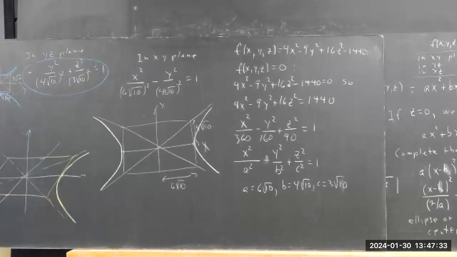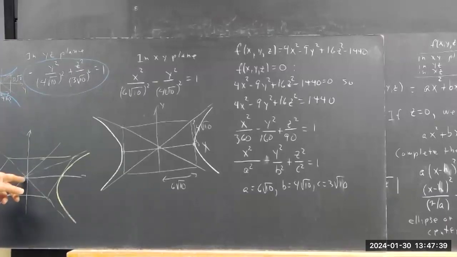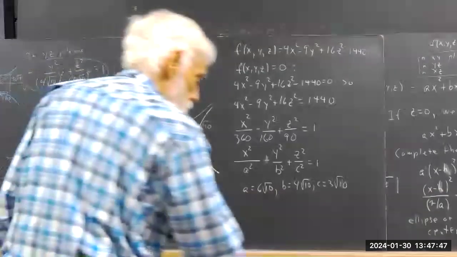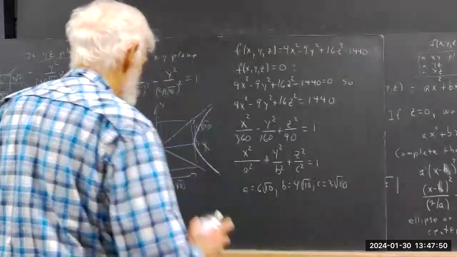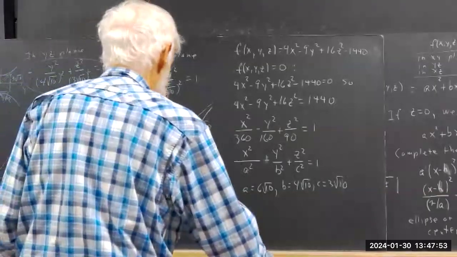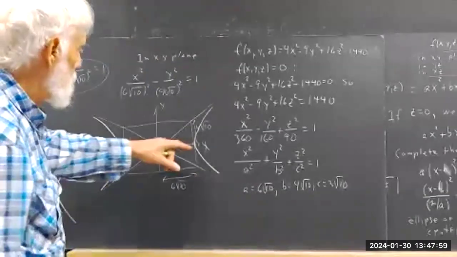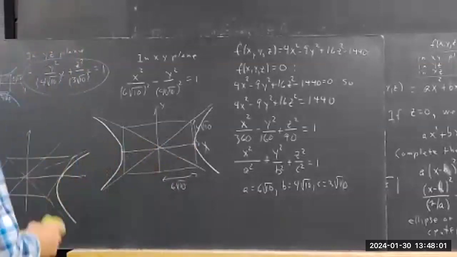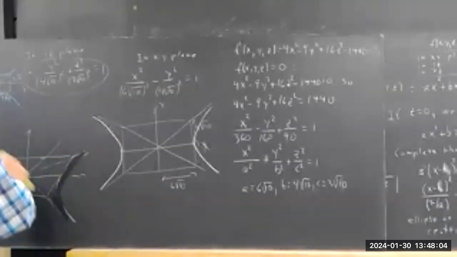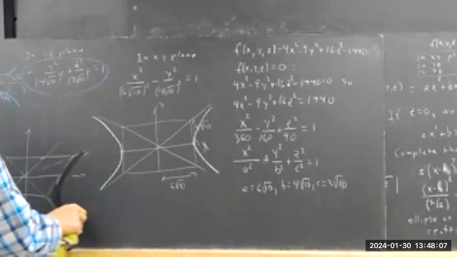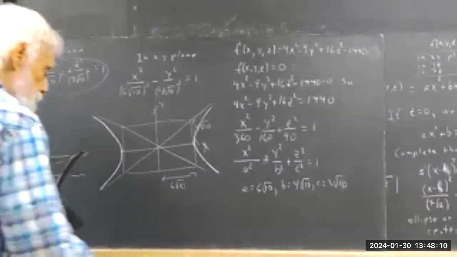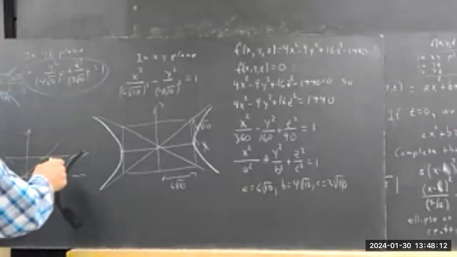I screwed this one up. No, Y is 0 here. Y is 0 everywhere on the Y axis. I drew that wrong. Hyperbola in the wrong place. It opens on the X axis, and I've got it intersecting the Y axis. And I never did that. Be careful, unlike me.